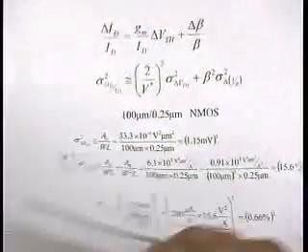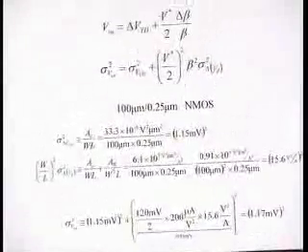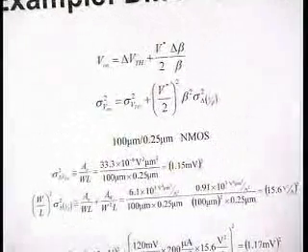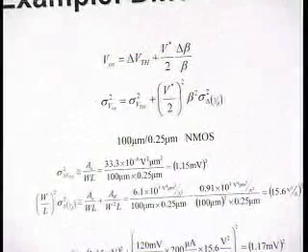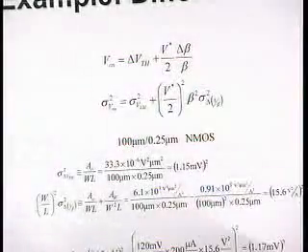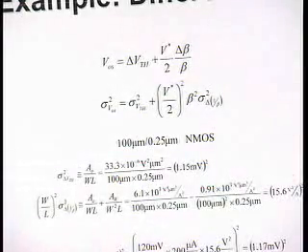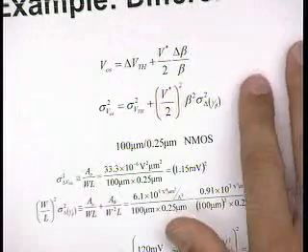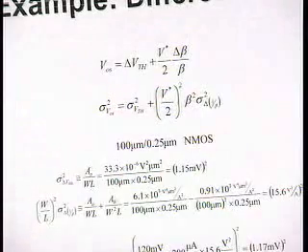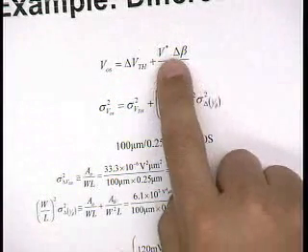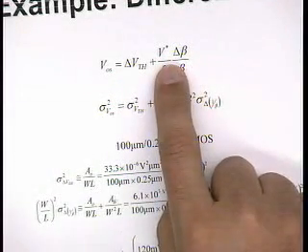Okay. And then a second example is a diff pair. What's interesting about the diff pair is that for a current mirror, we're trying to match currents, and that dictates using a large value of V star, right? For a diff pair, we're trying to match voltages, and so it has the exact opposite effect. What we want is a low value of V star, right?